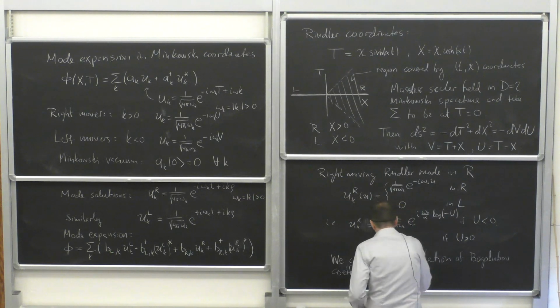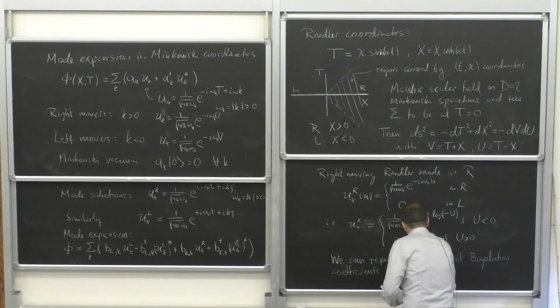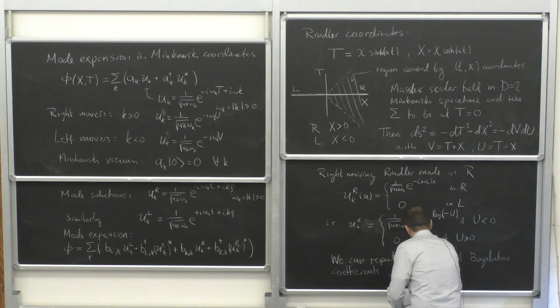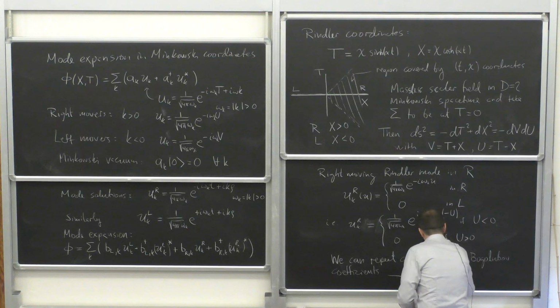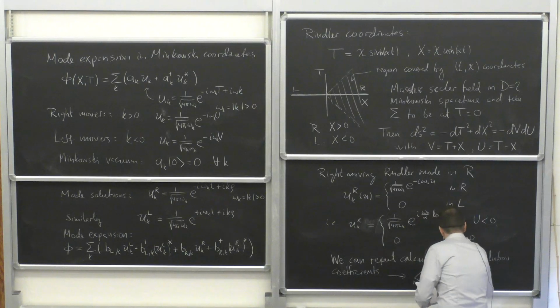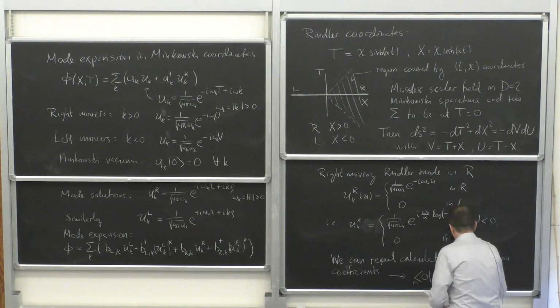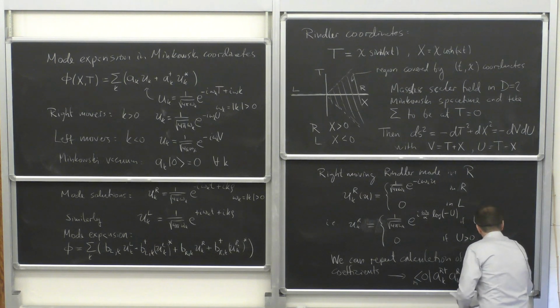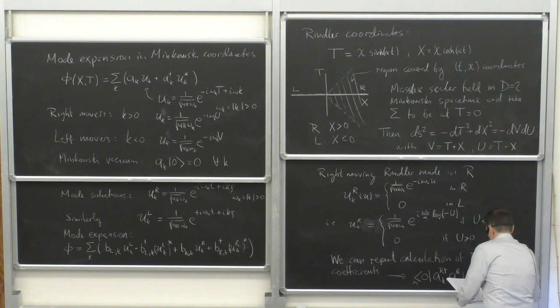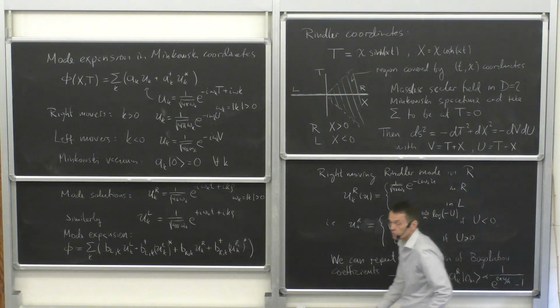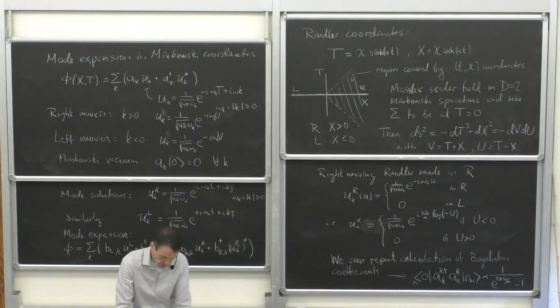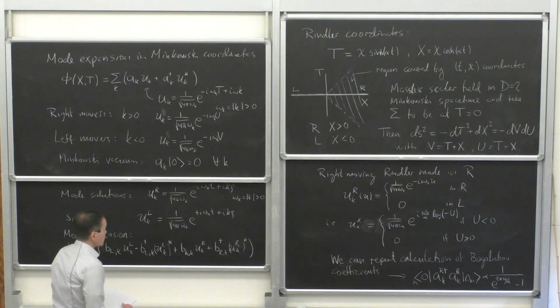And we would end up saying that if I'm in the Minkowski vacuum and I calculate A right dagger k, A k right, I would find that it's proportional to 1 over e to the 2 pi omega over alpha minus 1. That was our answer yesterday. But let's not do it that way. Let's do it in a different way, at least I'll sketch how.